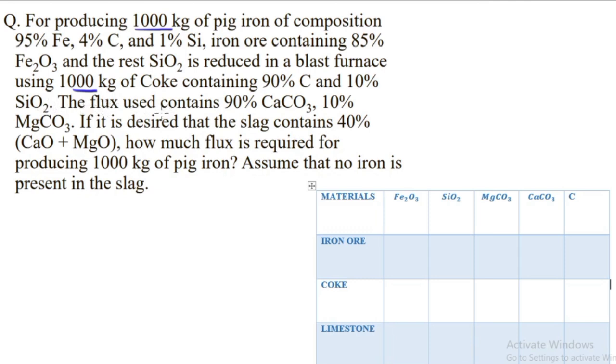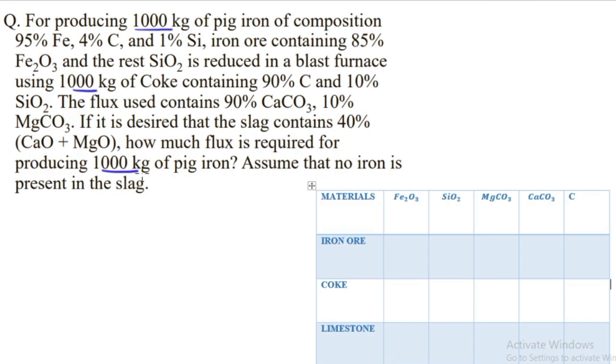The flux used contains 90% of calcium carbonate, 10% of magnesium carbonate. If it is desired that the slag contains 40% calcium oxide plus magnesium oxide, how much flux is required for producing 1,000 kilograms of pig iron? Assume there's no iron present in the slag.